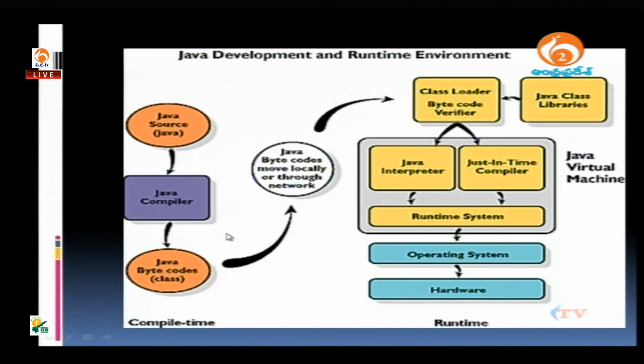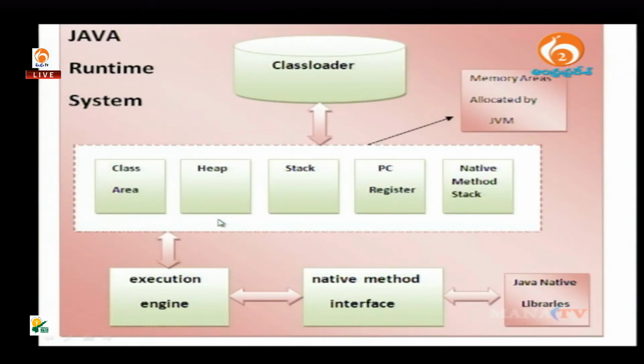Here I write the steps. You can see here the memory areas once the class is loaded by the class loader. This class area contains the classes. Here is the heap memory; these are all memory areas. The heap area contains the objects.